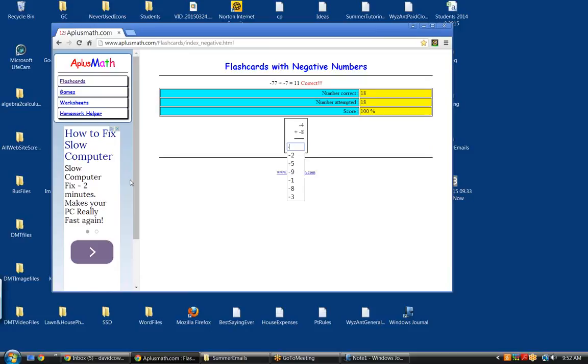Negative 12. Yeah. See, nobody has problems with a negative number adding to another negative number. Negative 16. 5. Negative 19.